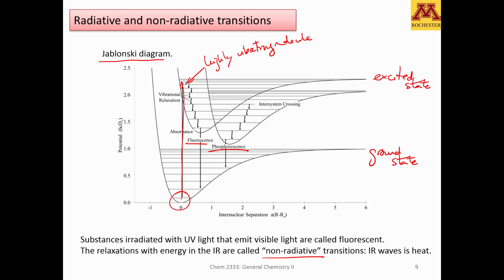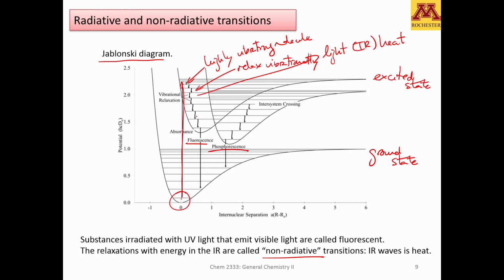Now, once the molecule is here, it can do different things. One thing that it will do for sure is relax vibrationally. In other words, it will come down from higher vibrational levels to lower vibrational levels. This, of course, emits light, but this light falls in the infrared, so it's actually perceived as heat.